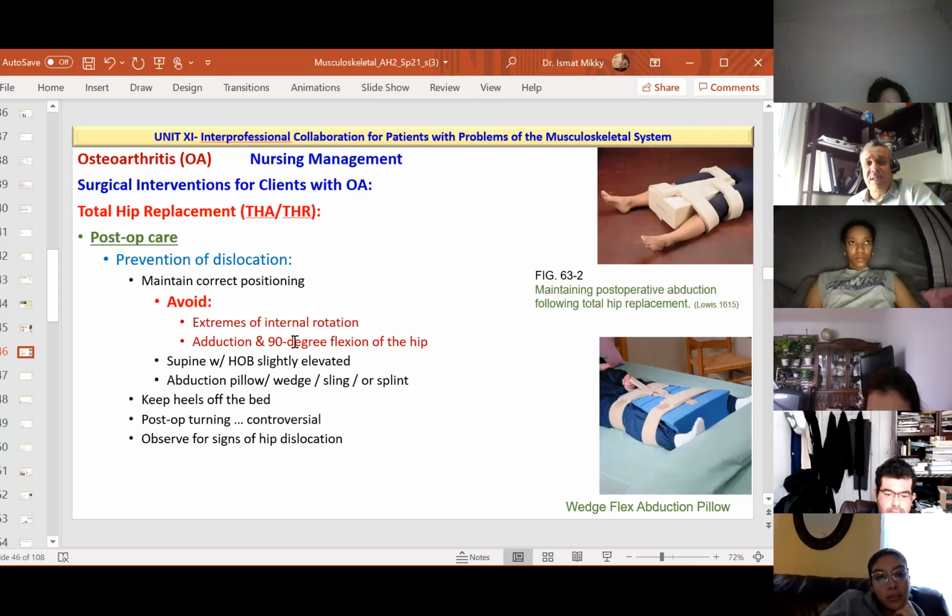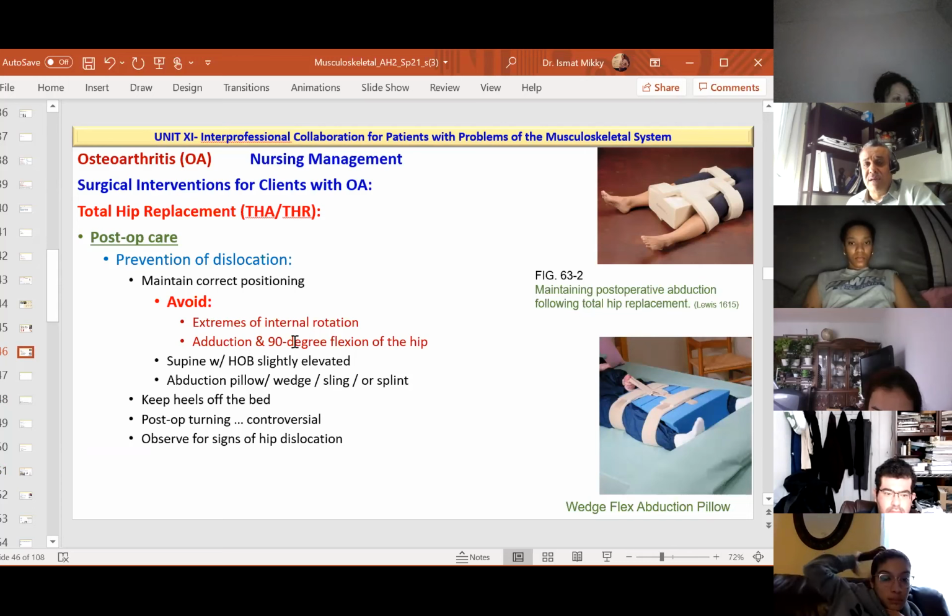That should also be applied when you have a patient who had a fall, status post fall from bed, especially older adults. You have to assess them before transport, prior to being transferred back to the bed, to make sure they haven't developed a fracture. That same concept should be applied here post-op, to assess patients for signs of hip dislocation.